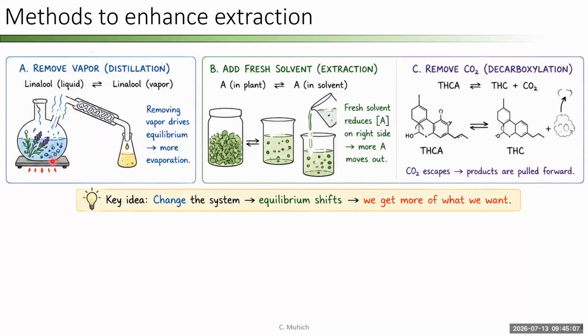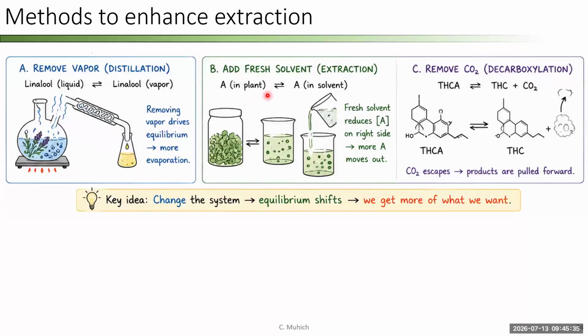This is what happens in distillation, right? I have my lavender, I form a gas phase, I take that gas phase and cool it down to form a liquid again, and that liquid is put in a separate location. So this now sees a lower vapor concentration, it vaporizes, and we drive the reaction forward.